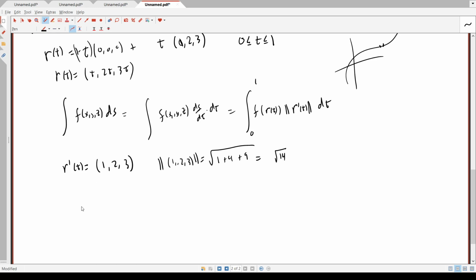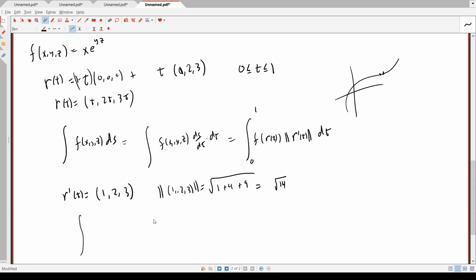So I need to plug in, so f we said was x e to the y times z. So if x is t, this is my x, this is my y, this is z. So if I plug all this in, I have an integral from 0 to 1 of t e to the 2t times 3t times root 14 dt.